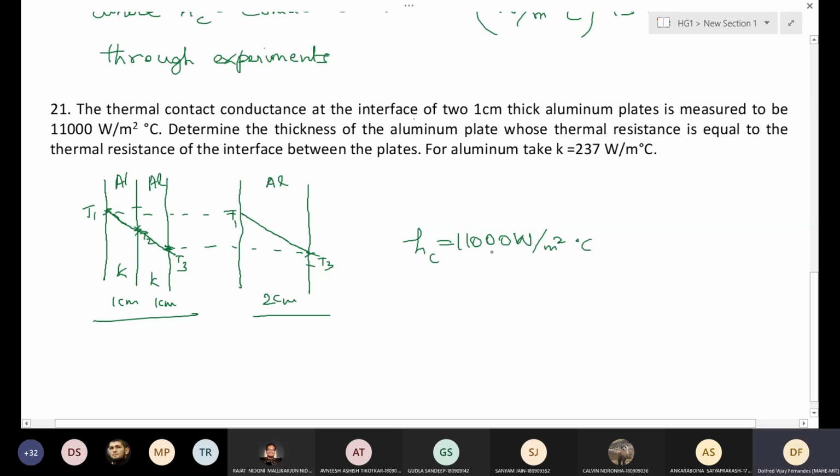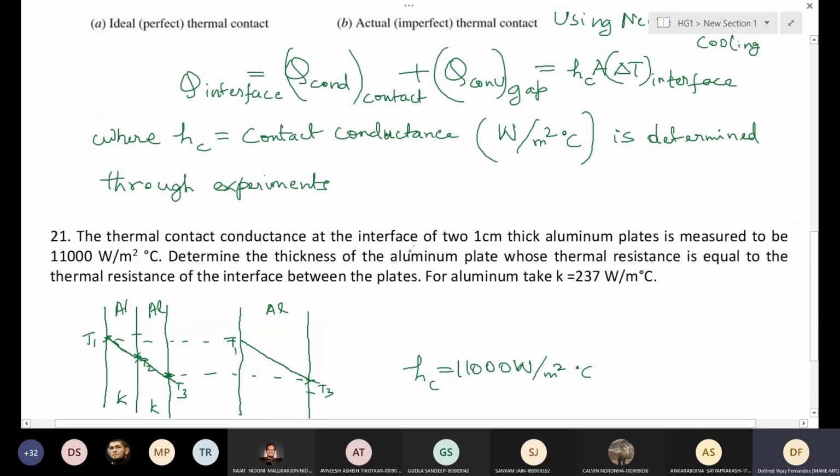So 1 by h_c can be written as the contact resistance. 1 by h_c is R_c, the contact resistance per unit area.